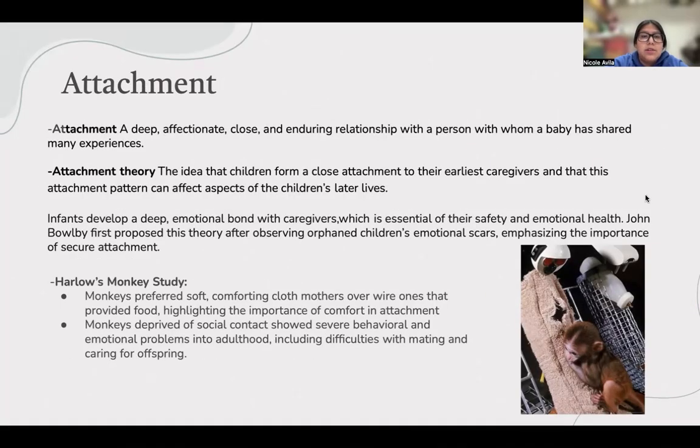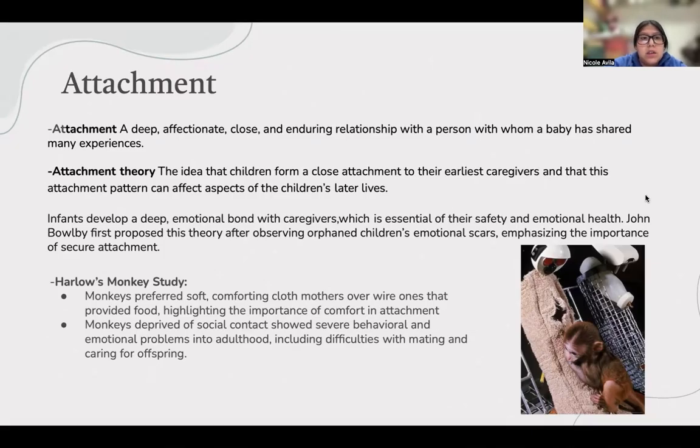Okay. So we're going to be talking now about attachment. Attachment is a deep, affectionate, close, and enduring relationship with a person who has shared many experiences with the baby.